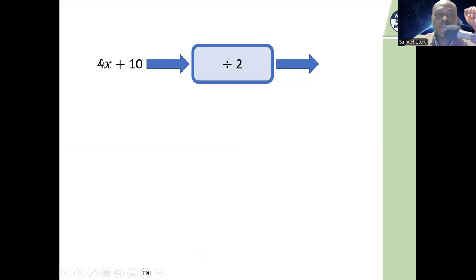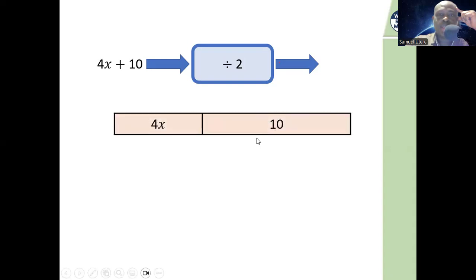So if we put an expression, what happens? Imagine again, if we think about this as a bar model, this will be a bar that is 4x and another bar that is 10. Remember, for the bars, we're simply adding them. Now we're dividing by 2. So what if we can split each bar?